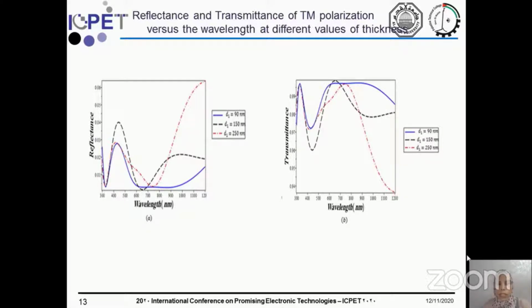Reflectance and transmittance of TM polarization with wavelength at different thicknesses of active layer. At incident angle 13, the maximum transmittance and minimum reflectance achieved at thickness 19 nanometer.